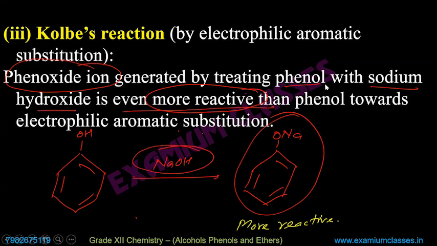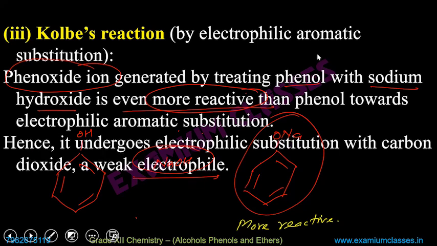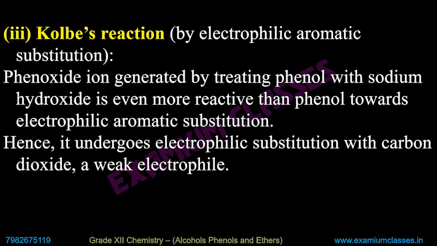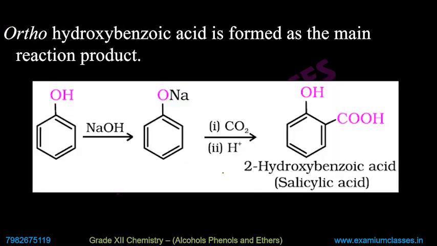Yes, Ashi, correct. In case of NaOH, H2O is obtained. In case of sodium, hydrogen is obtained. Phenoxide ion is the same. Hence, it undergoes electrophilic substitution with carbon dioxide, which is a weak electrophile. So this is the reaction.